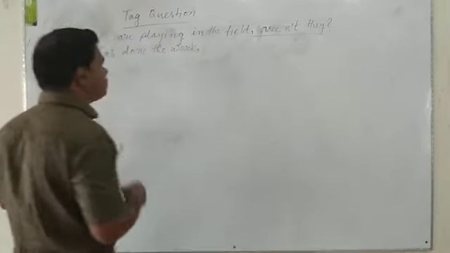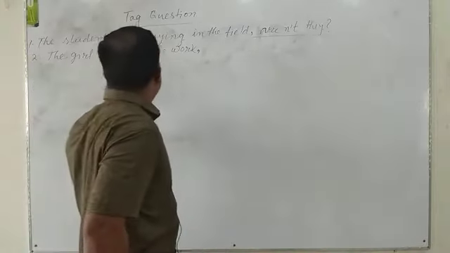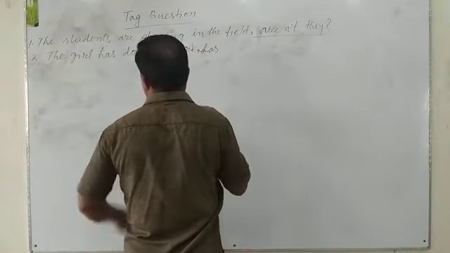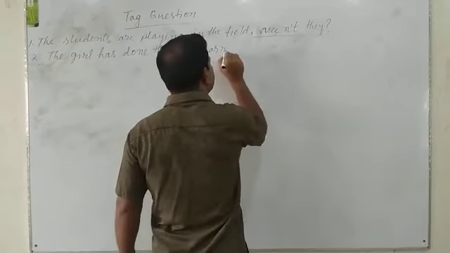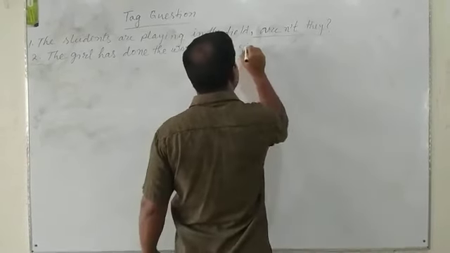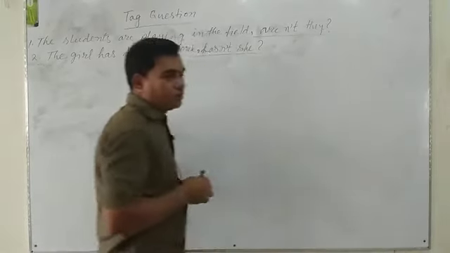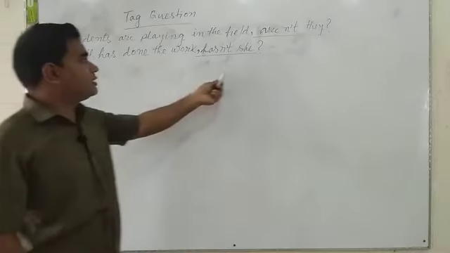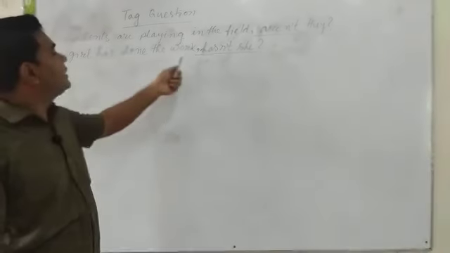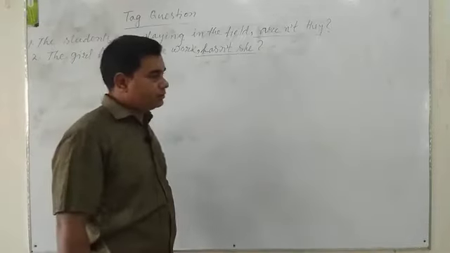After that, we have to use the operator or auxiliary verb of the sentence. Here the auxiliary verb is has. And the sentence is affirmative, so we have to use not in the short form. Hasn't. The pronoun of the girl is she. And then we will use an interrogative mark or sign of interrogation. Here it is a tag question. The question has been added at the end of the sentence or statement. So it is a tag question.